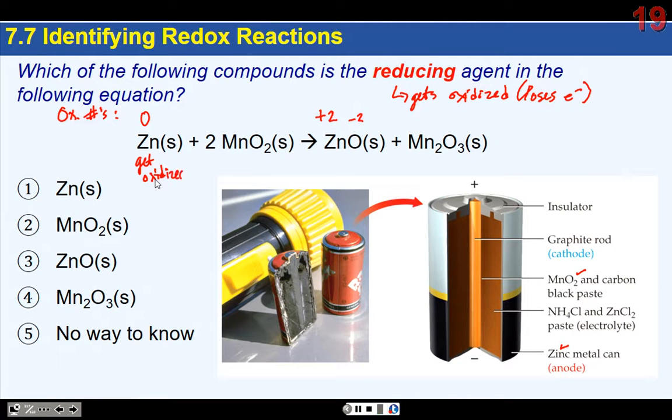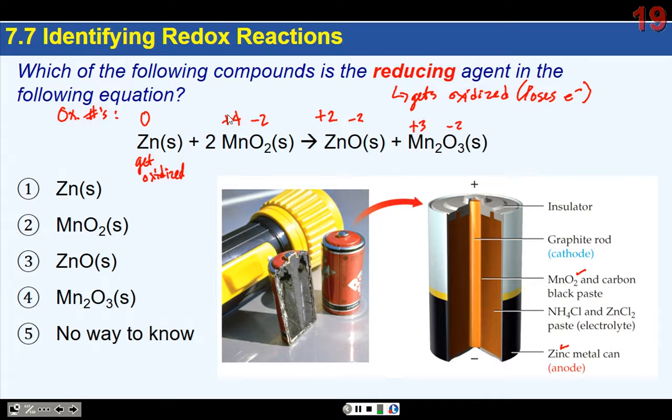And what else is changing? The manganese is, because in the first one, the manganese is +4, because oxygen should be -2, 2 times -2 balances +4. In the product, oxygen doesn't change very often, to be honest. You don't have to look for that. So 2 manganese, and if you remember the formula, this was manganese +3.